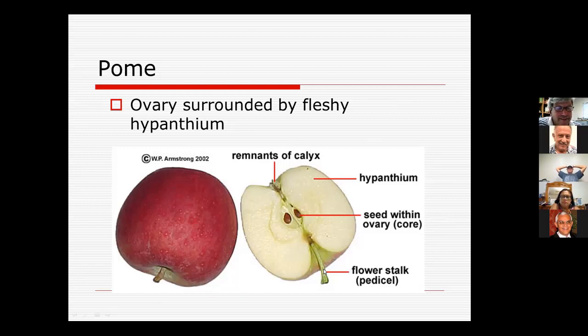That's the stem of the fruit. And then this is that ripened ovary. And then up here, these are the remnants of the calyx, the remnants of the petals and the sepals. So that's what that little point at the other end of the apple is from. But just to give you an idea, when they talk about a pome fruit, you're usually talking apples and pears in that group of fruit.